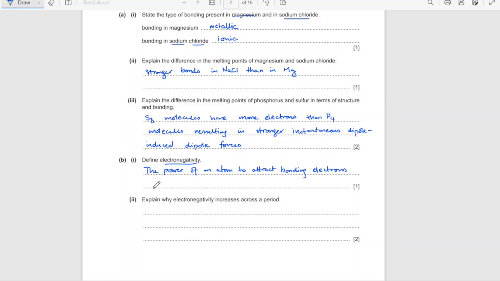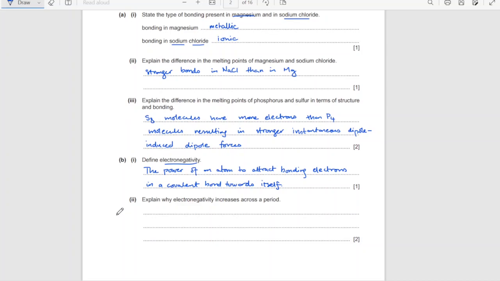These are bonding electrons in a covalent bond, so I will explain that over here. Bonding electrons in a covalent bond towards itself. So that is electronegativity.